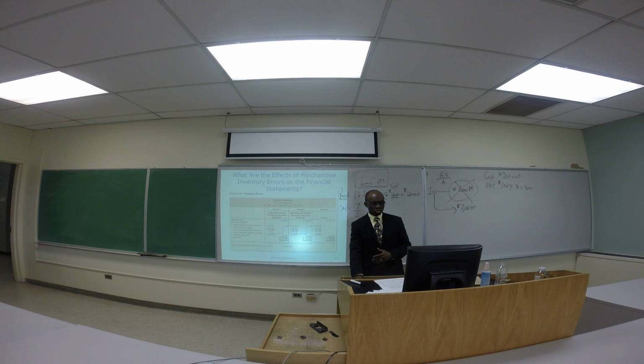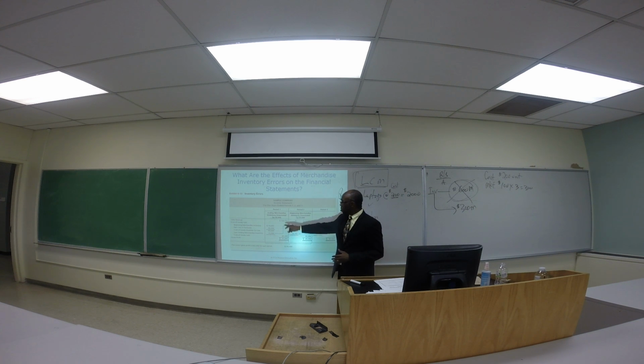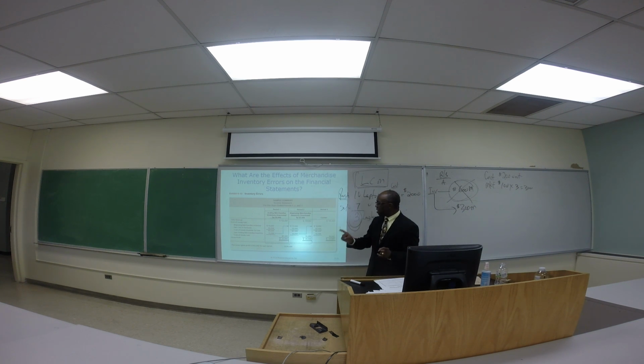All I want you to know here is that an error in one period overstates certain accounts and it eventually corrects itself in the third period, and that is basically in terms of the ending inventory. That's all I want you to know right here. We talk about that extensively, like I said, in upper level accounting courses.